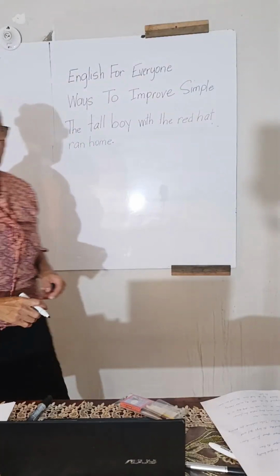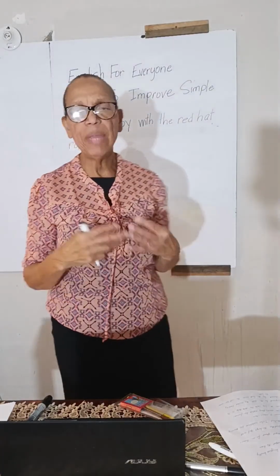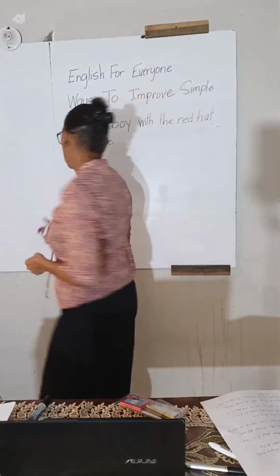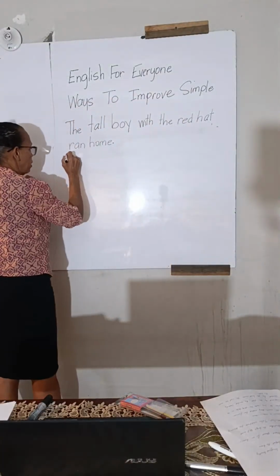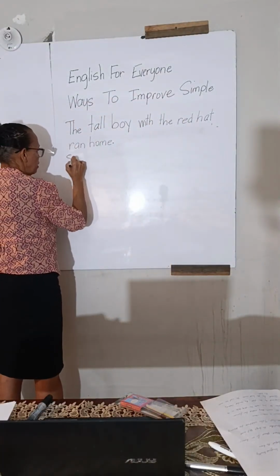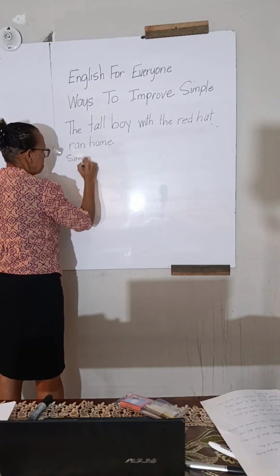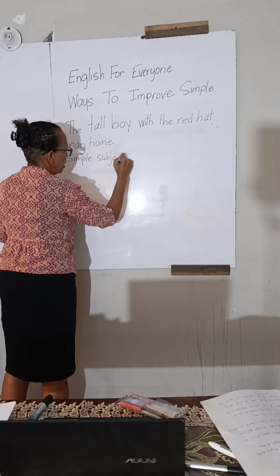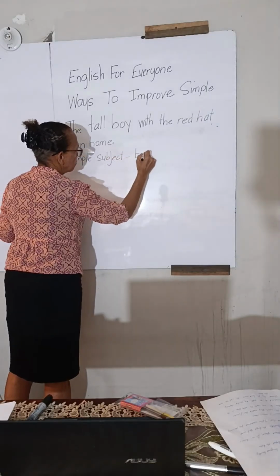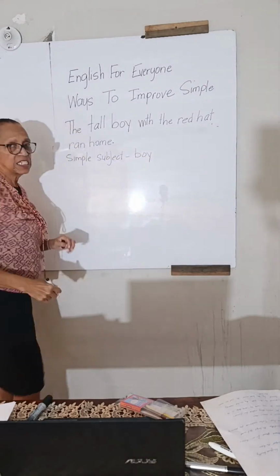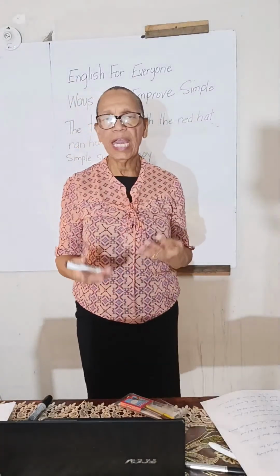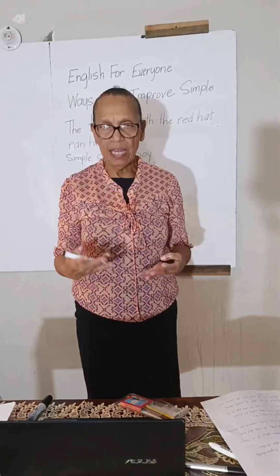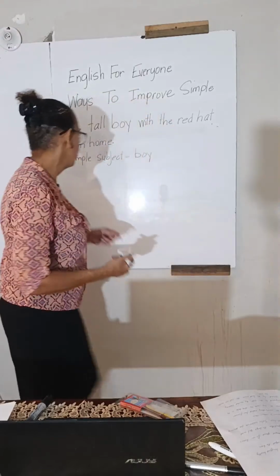Now, what's the subject of that sentence? The main subject would be boy. So we call that the simple subject. Simple subject, boy. What's the simple predicate or the main verb?